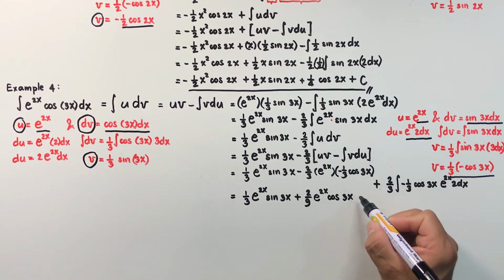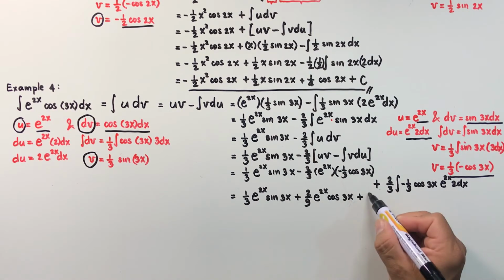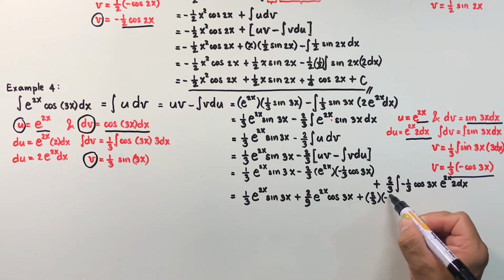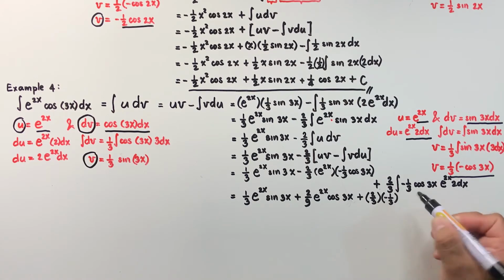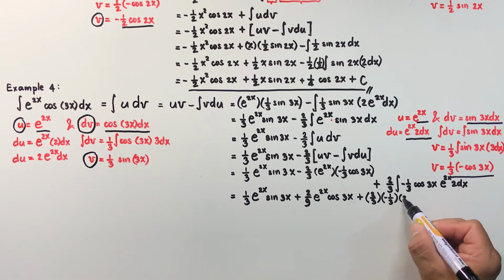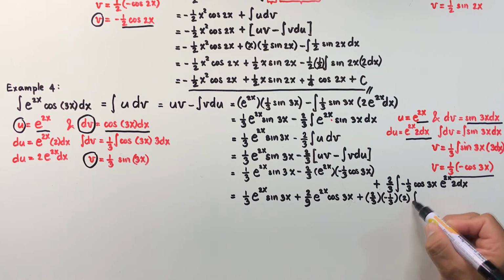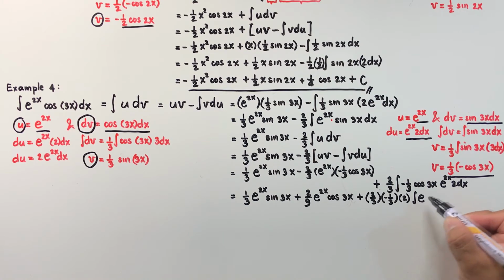And this will be added to 2/3 times negative 1/3 because of this, times 2 because of this 2 here. And this is multiplied by the integral of e to the power 2x times cosine 3x dx.